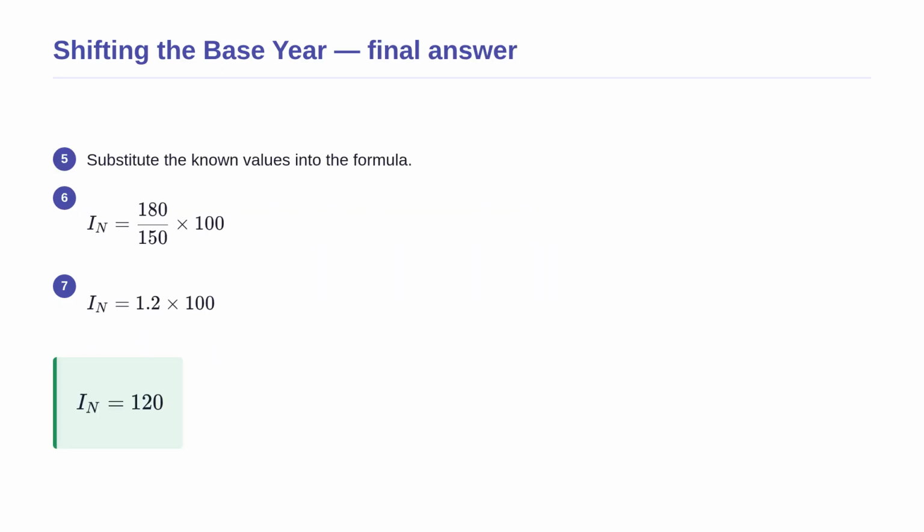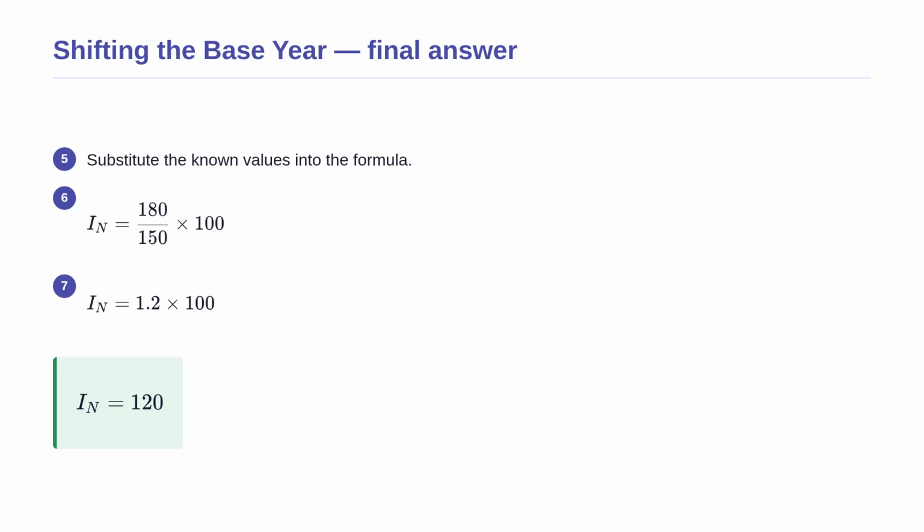Continuing with our calculation, we substitute 180 for the 2018 index and 150 for the 2015 index. Dividing 180 by 150 gives us a ratio of 1.2. This intermediate step tells us that the measured variable in 2018 was 20% higher than it was in 2015.